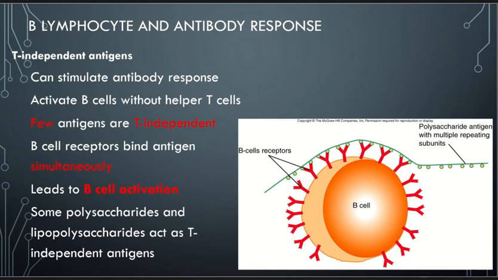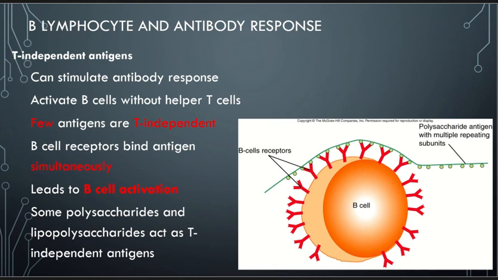Quick recap. Remember, the function of these T-dependent antigens was to enhance the activation of these B cells. They can serve that purpose also when it needs a second opinion.